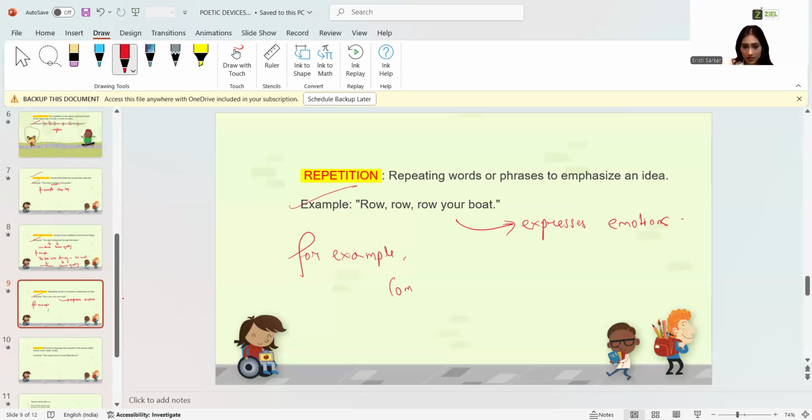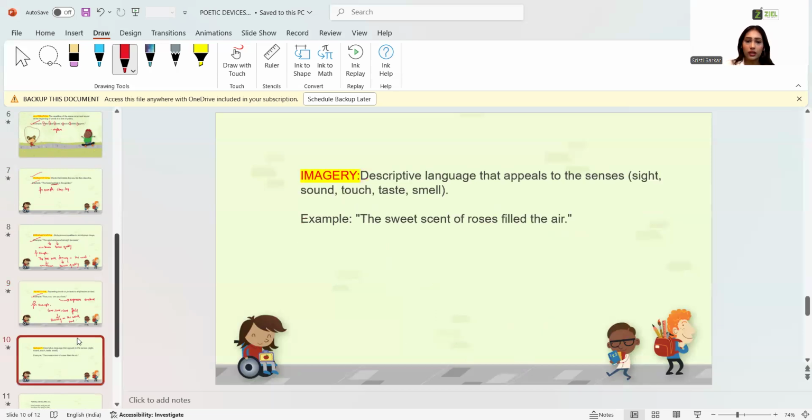Come, come, come fast. Stressing on the word come, emphasizing the idea.